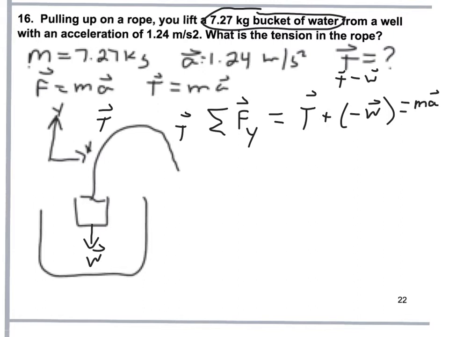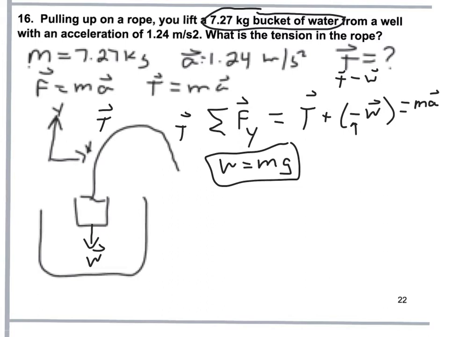So we have force equals ma, and then we have that the weight equals mg. And again, we don't have to put the negative sign in for g because we just did that up here. We just took that into account. So in this equation right here, we don't need to put the negative sign there again.